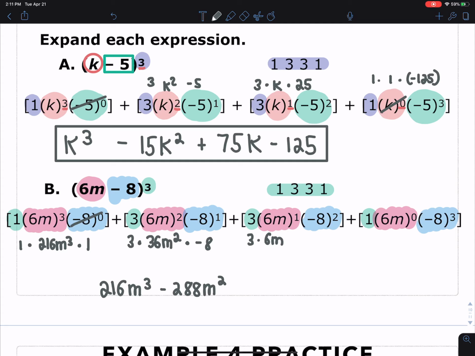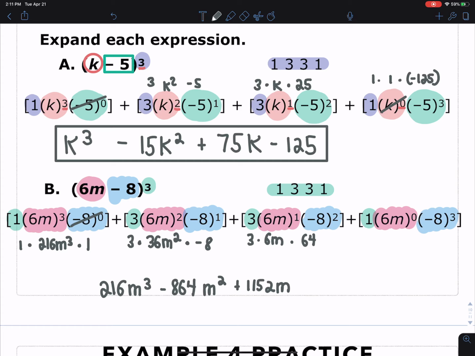Whoops, wait. 36 times 8 times 3. I forgot about our coefficient. That should be 864, so 864m to the second. And then 8 squared is going to be 64. So 64 times 6 times 3 is going to be 1,152m.